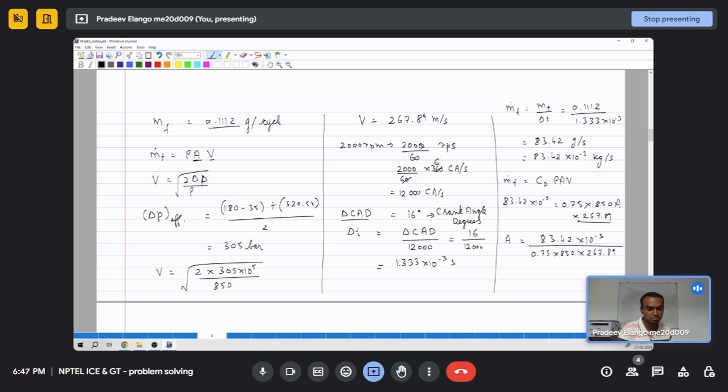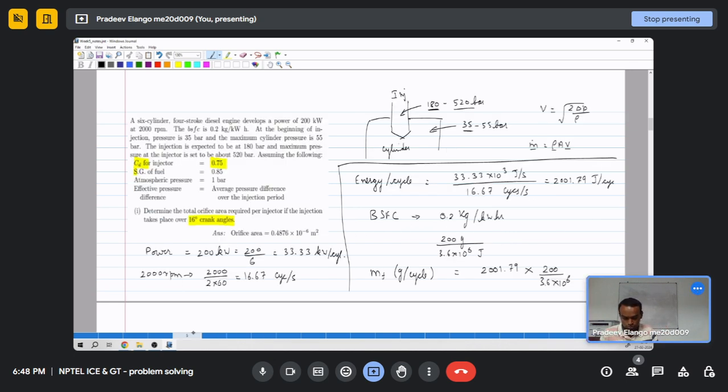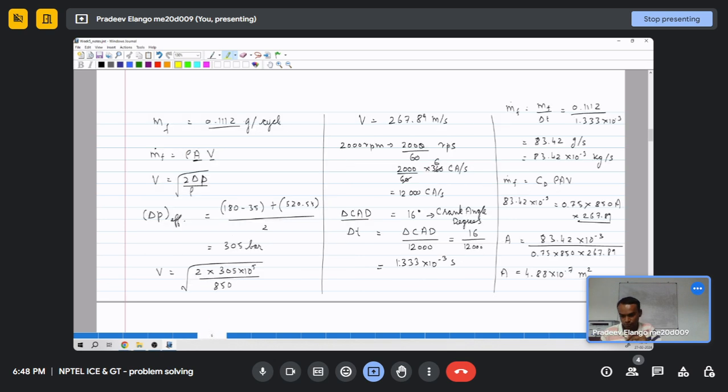Since I wrote this number in the second line, I thought it is 4 point. I think this is what. Yeah. So the answer is 0.487 into 10 power minus 6, both are the same.